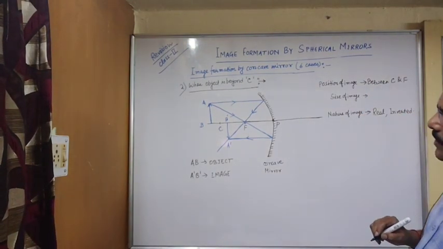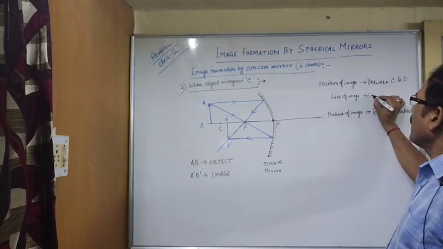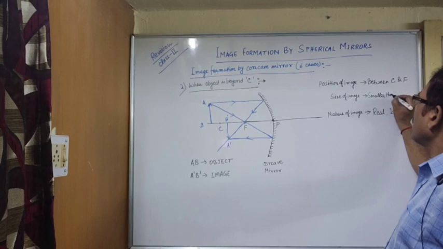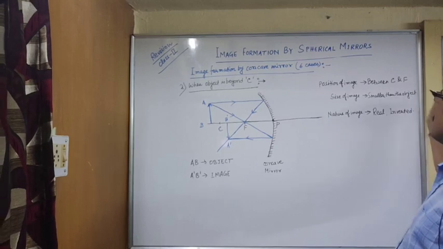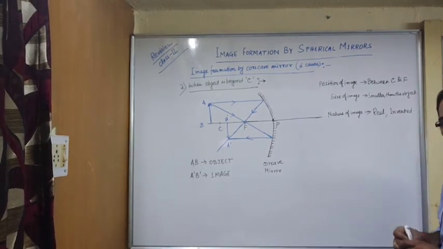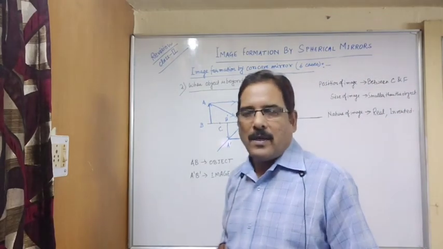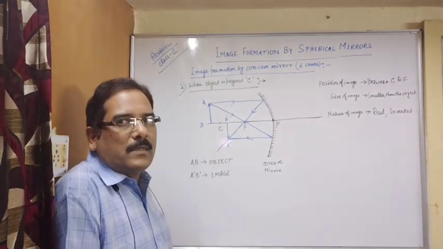And if you look at the size, the size is smaller than the object. And obviously the rays are actually meeting after reflection, so the image is real, and real images are always inverted.